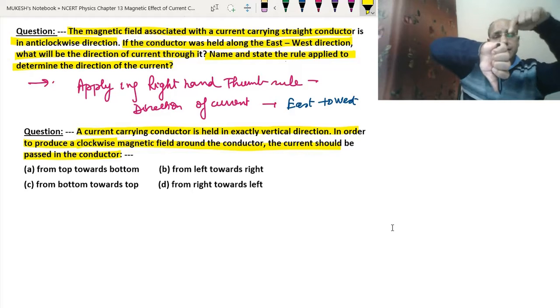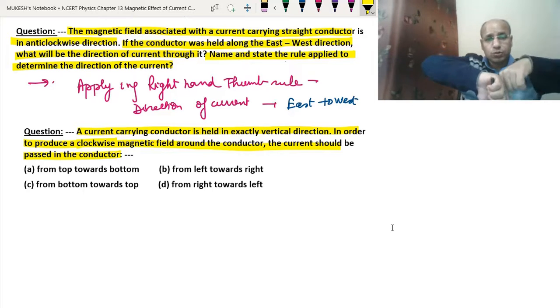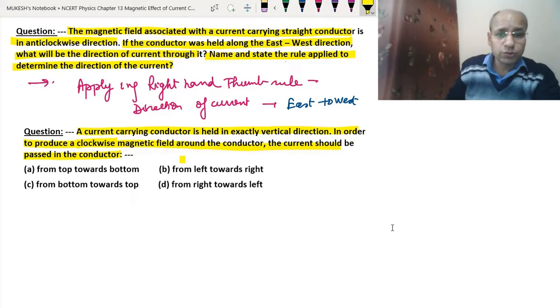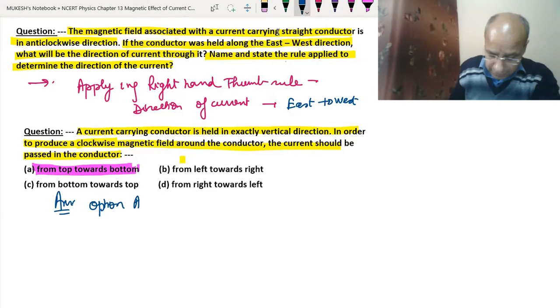So that means the current should be in the downward direction, from top to down. It should not come towards the top. So your answer will be from top towards the bottom. Option A is the answer.